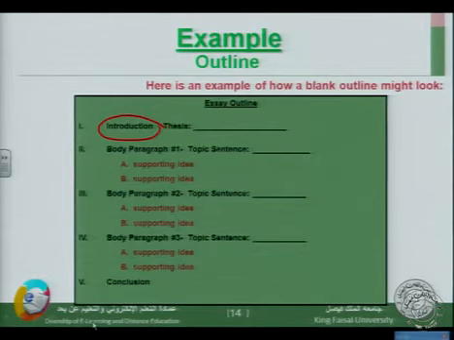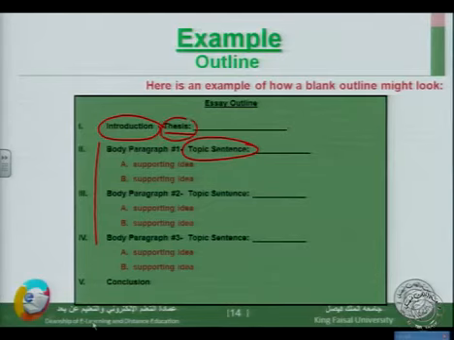You need to put it this way. Introduction, your general thesis statement, and then the thesis statement decides how many body paragraphs you will have. In each body paragraph you should have a topic sentence.